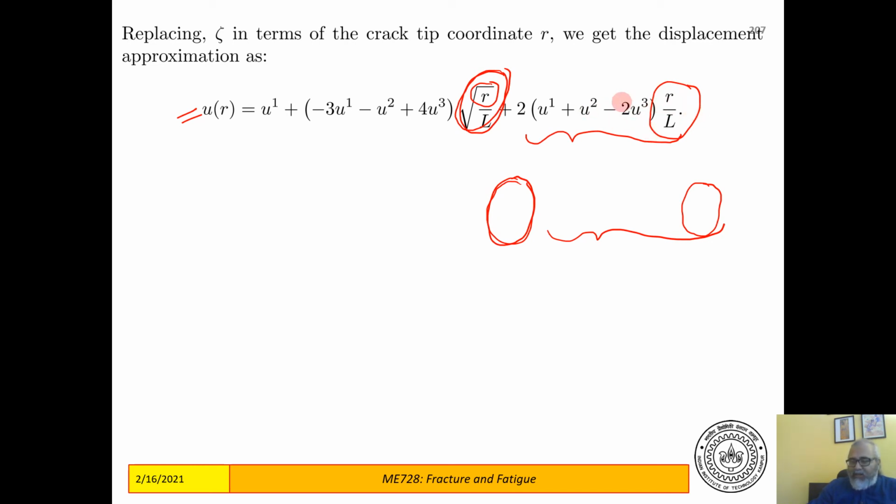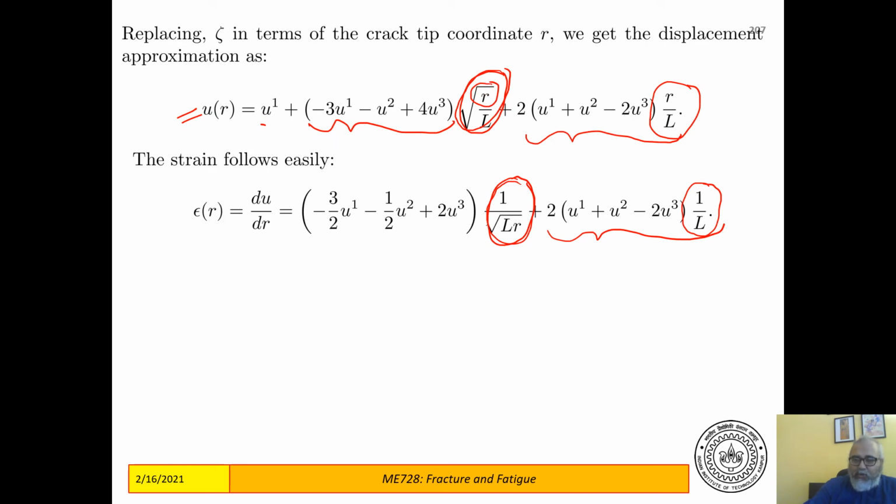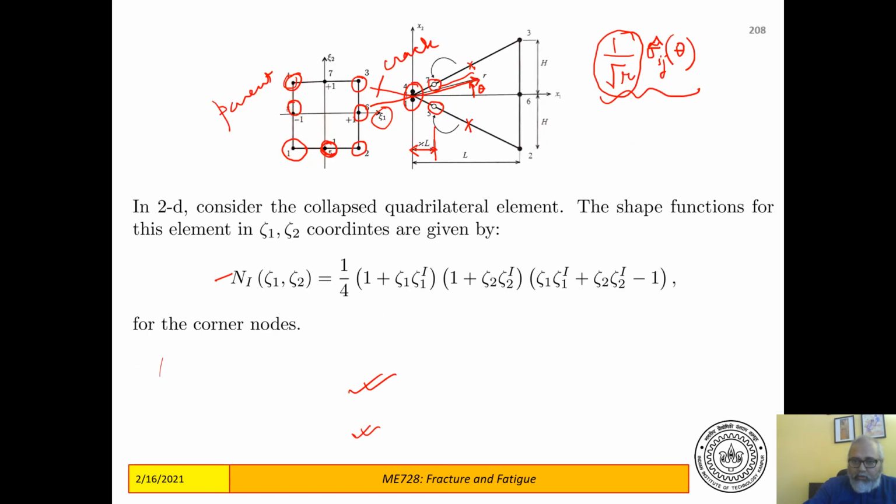We don't have the r term anymore, so we will be only left with this one and this term. So let us concentrate on the root r by L term. This will be the displacement interpolation in terms of the nodal coordinates in case of the collapsed quadrilateral with the nodes at the tip constrained to move together.